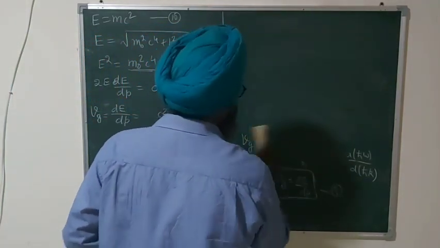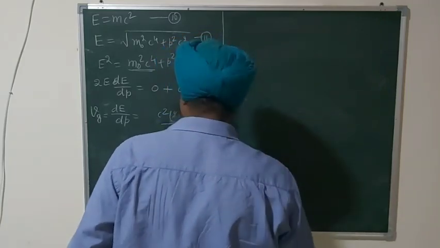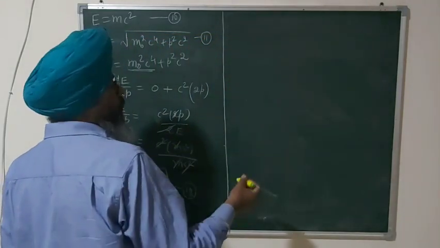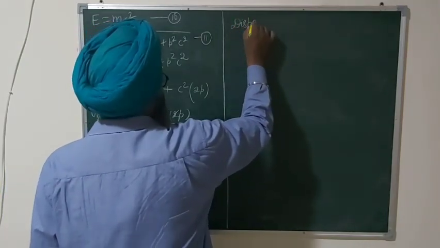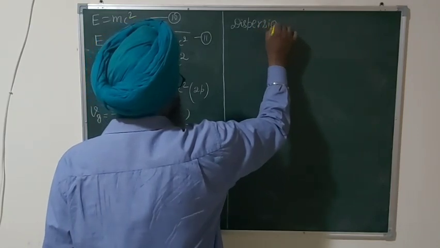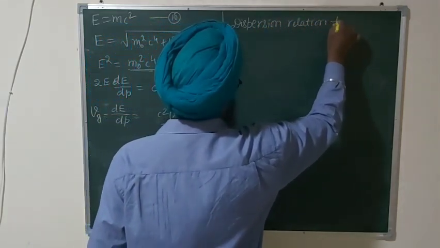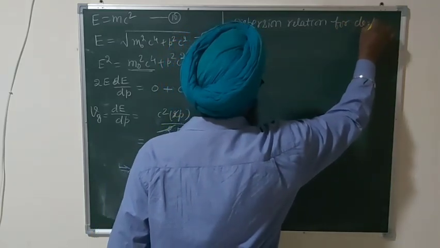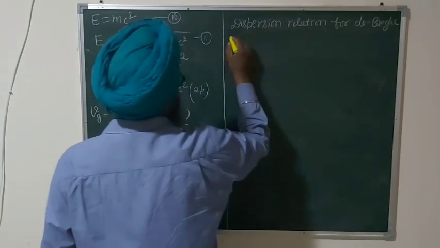To find that, that condition is called the dispersion relation for de Broglie waves. It's not a new article, it is the same article.